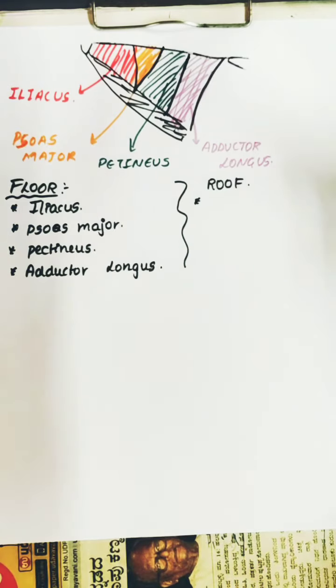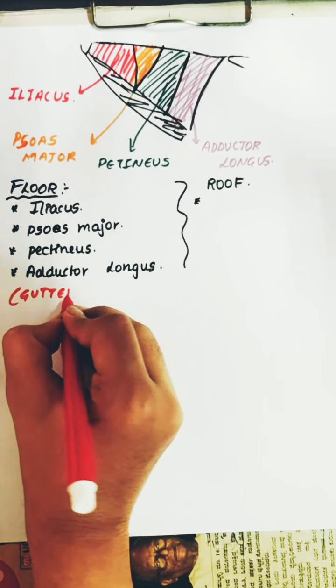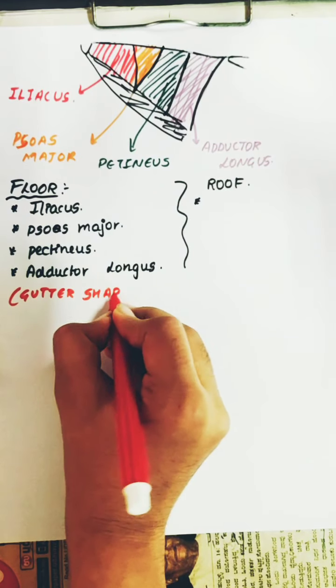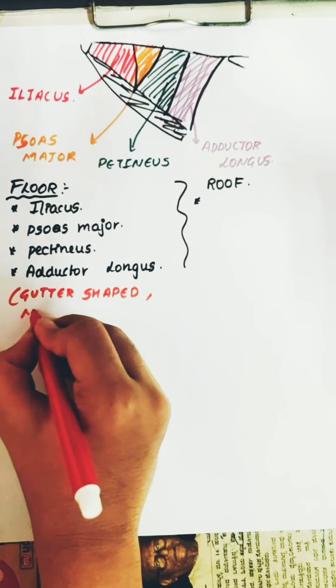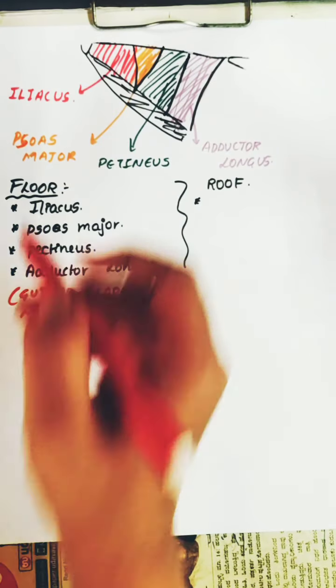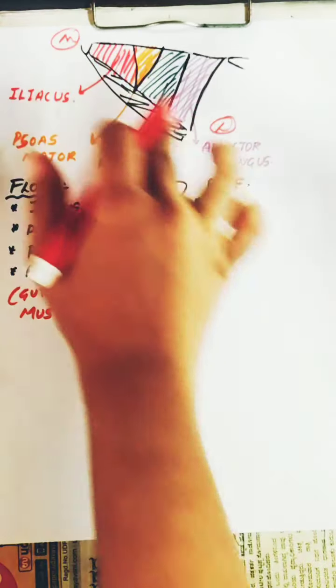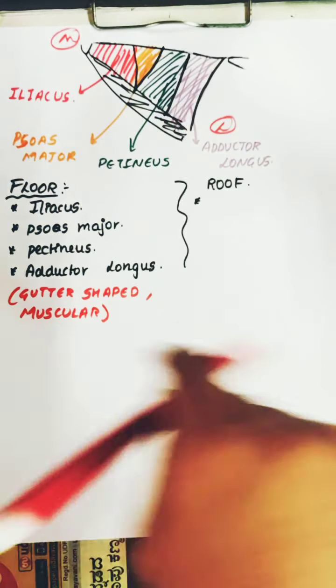Remember one point: the floor is gutter shaped and muscular in nature, crossing from medial to lateral. You can see these four muscles present.